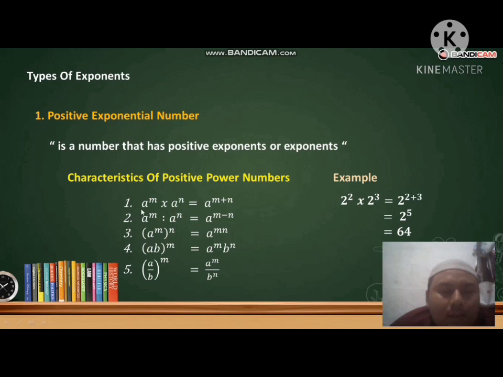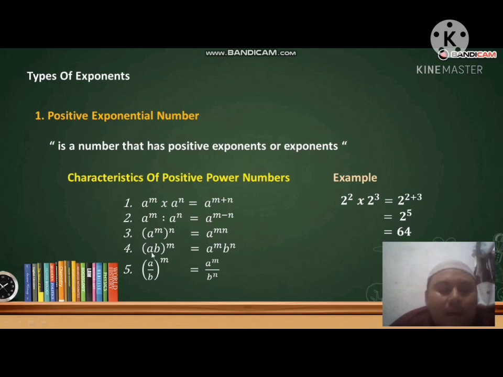Number 1, a to the power of m times a to the power of n equals a to the power of m plus n. Number 2, a to the power of m divided by a to the power of n equals a to the power of m minus n. Number 3, (a to the power of m) to the power of n equals a to the power of mn.